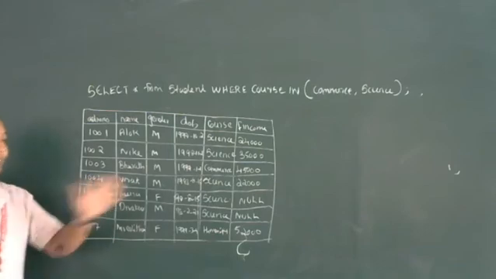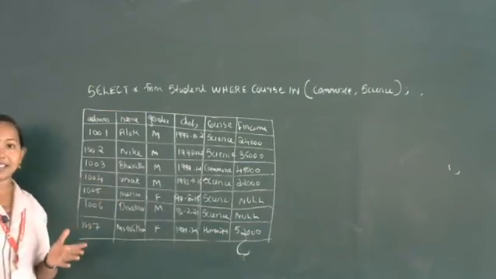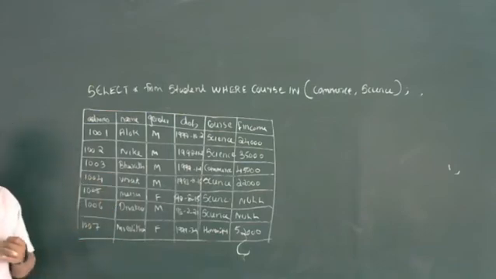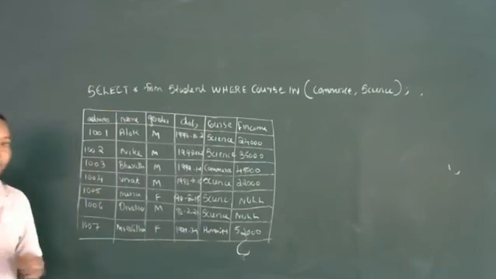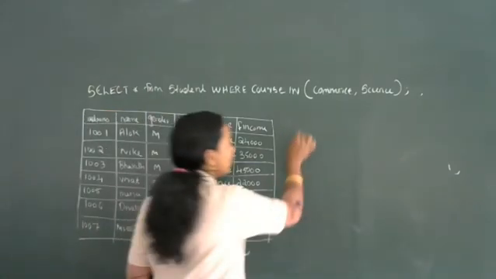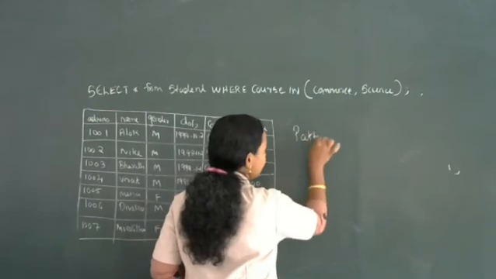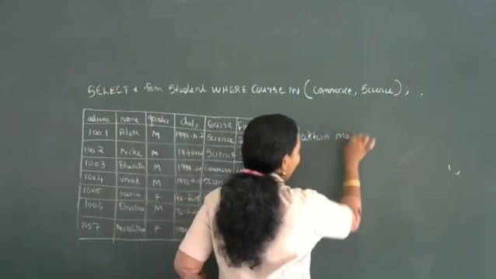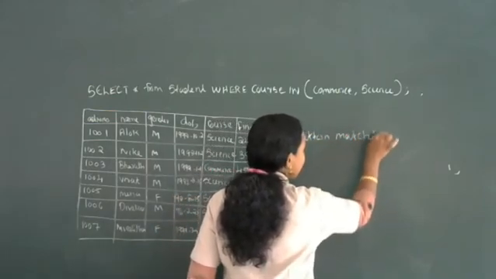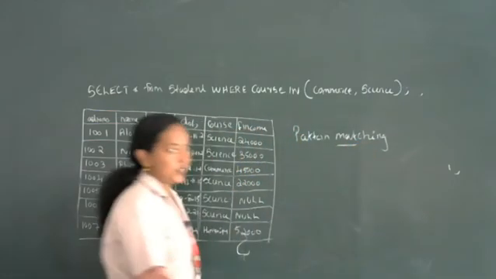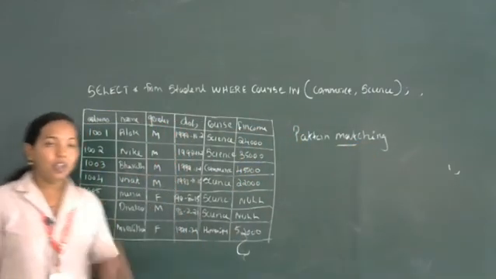So these are all based on value or comparison of value. Next one is pattern matching. Pattern matching is applied to text, especially to the name.